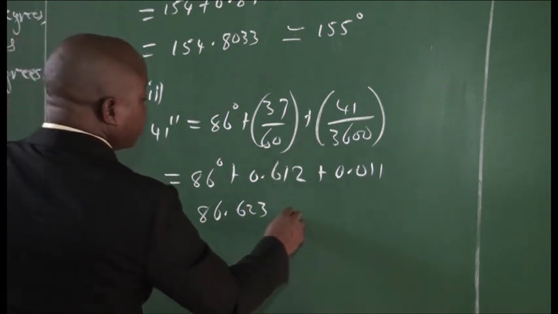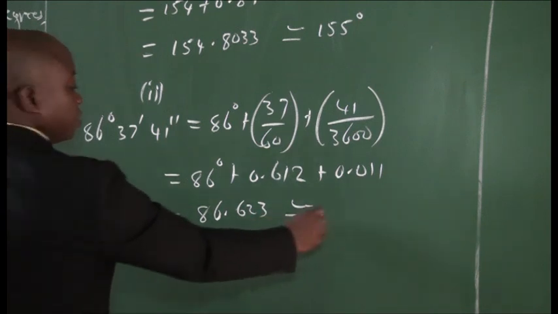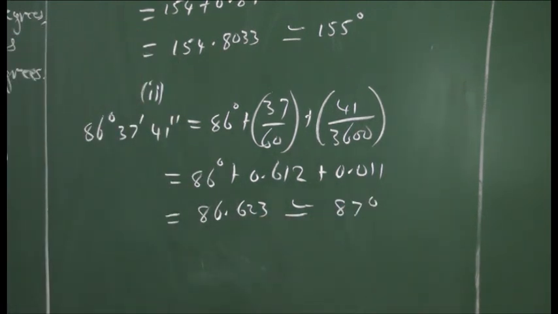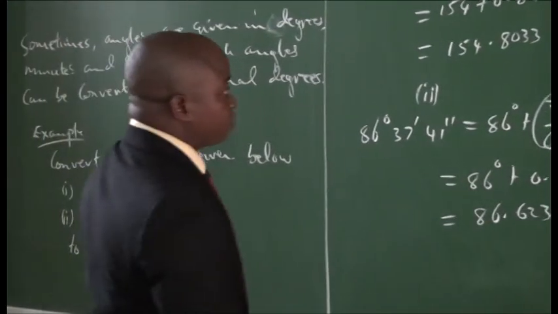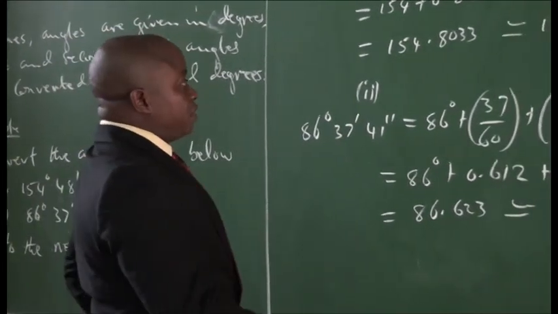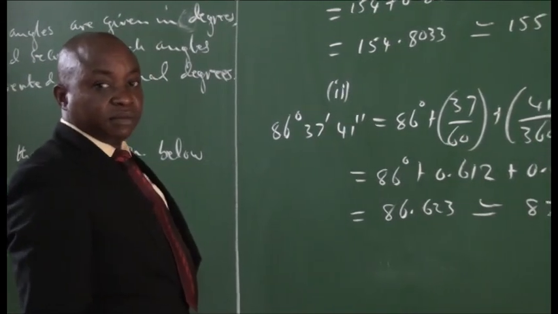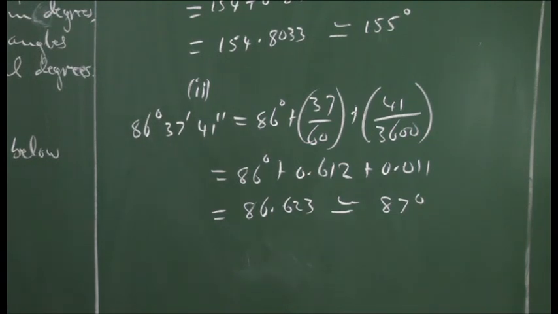Now to the nearest degree, you can call it 87 degrees. So this is how the conversion is done. We can also convert an angle from decimal degrees to degrees, minutes, and seconds, and that will take us to another subtopic.